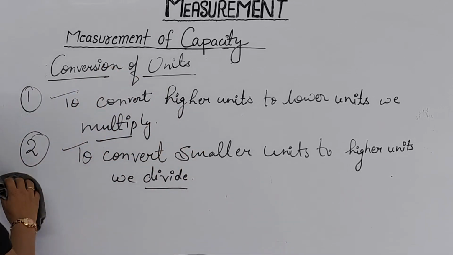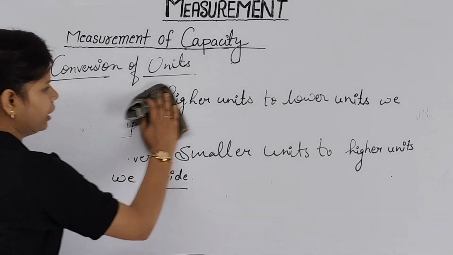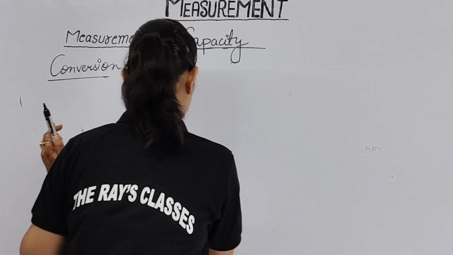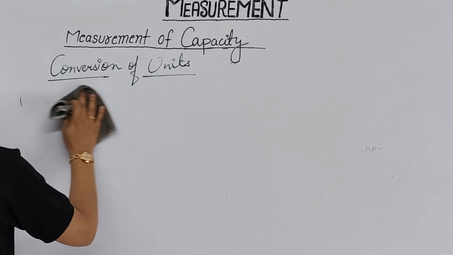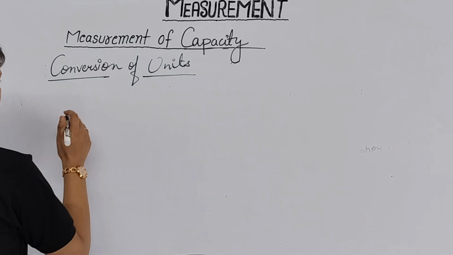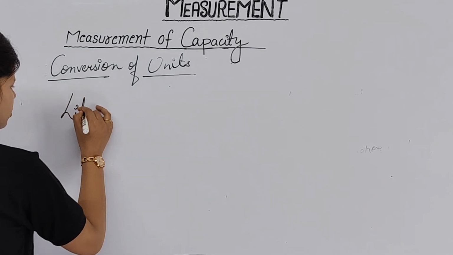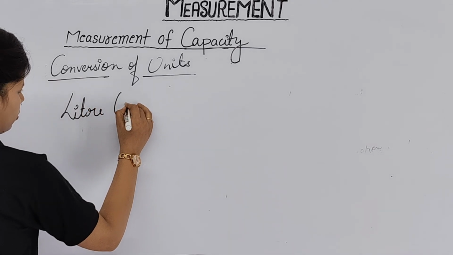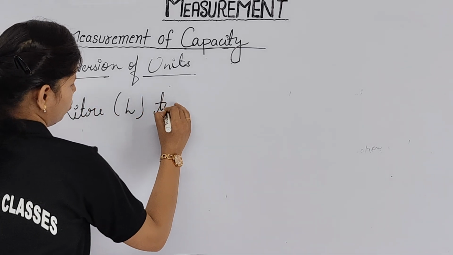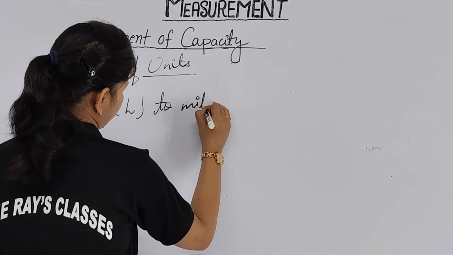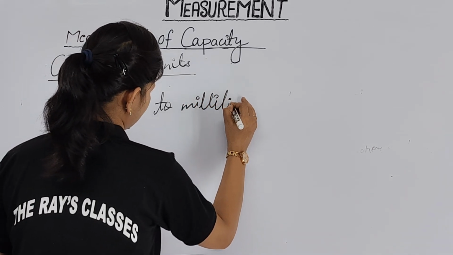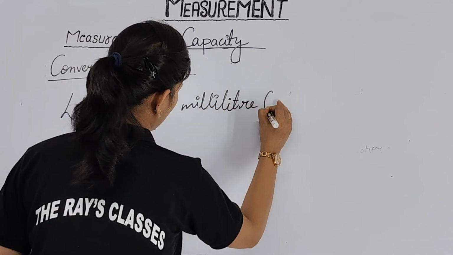In the same topic we are going to discuss liter to milliliter conversion. Basically these 2 units we are using a lot, that's why we have the conversion with these two.